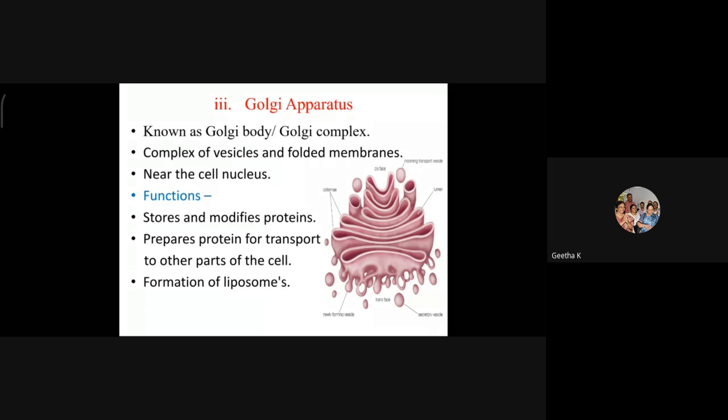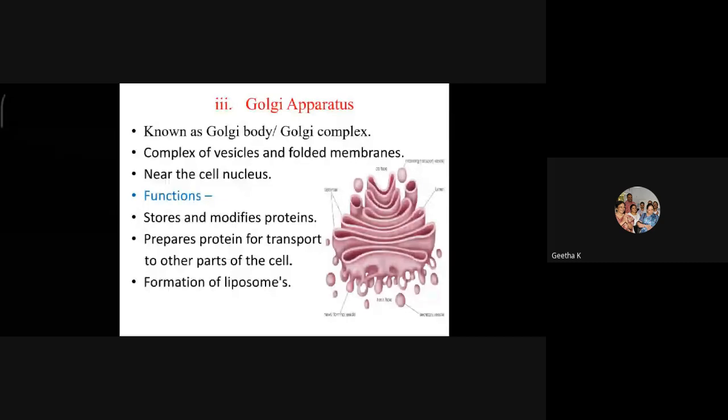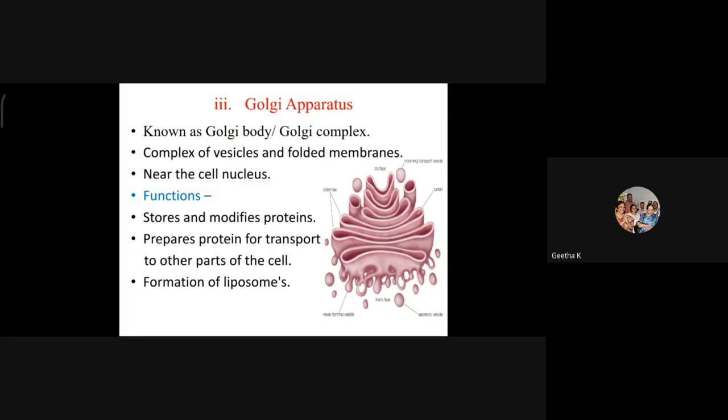Formation of lysosomes is also done here. So, what are the functions of Golgi apparatus? It stores protein, modifies protein, and prepares protein for transport to other parts of the cell. And one more function is formation of lysosome.